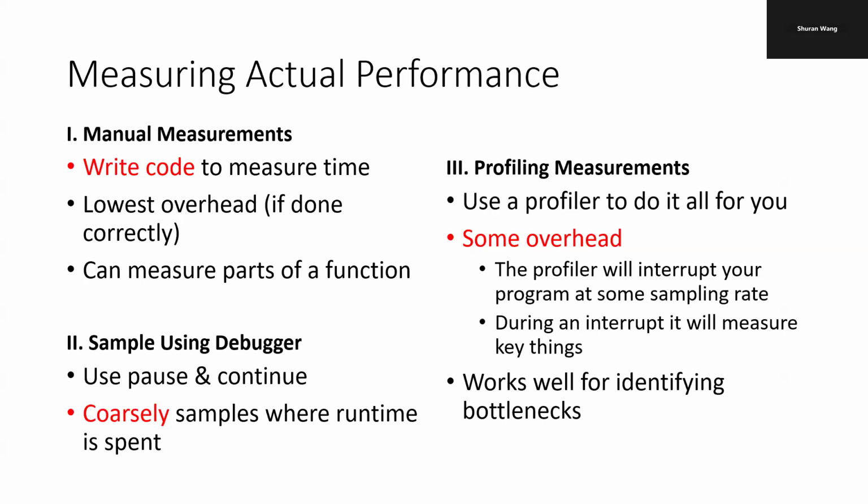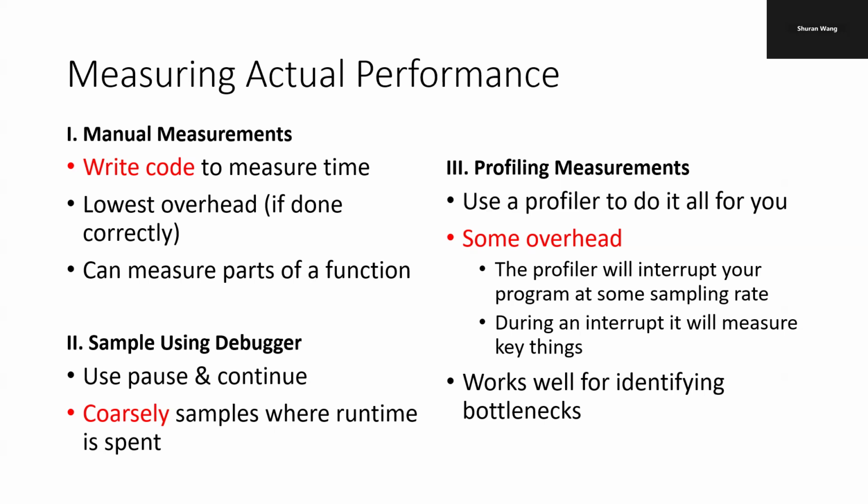The second option, you can sample using a debugger if you don't know which function to measure. You can open up the debugger. When your program is stuck in execution, click pause, see where you are, continue, then hit pause again and see where you are.